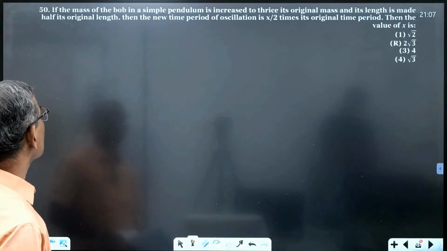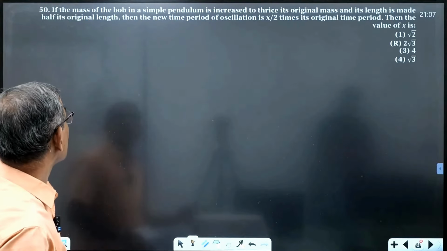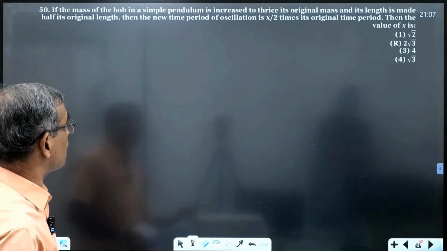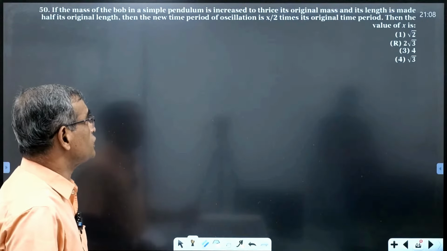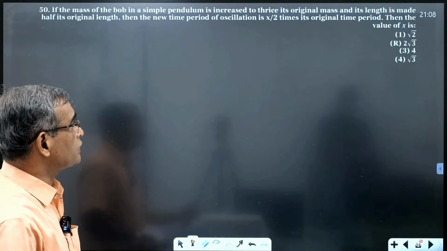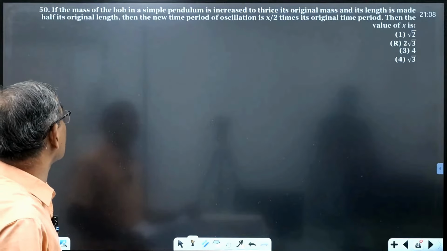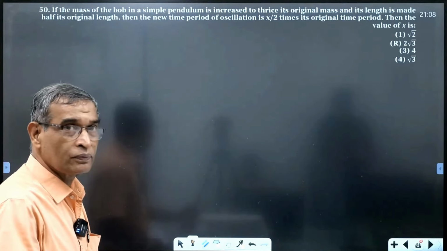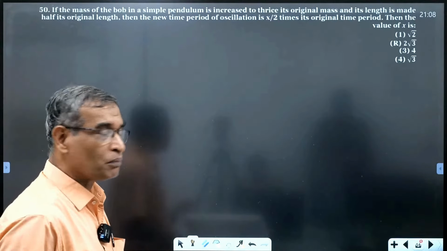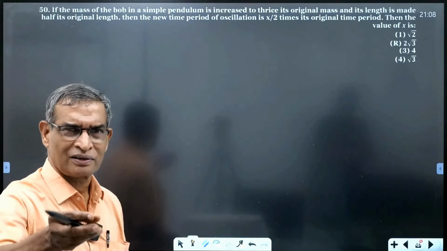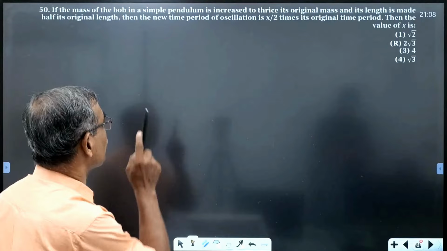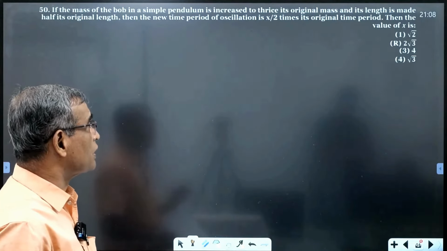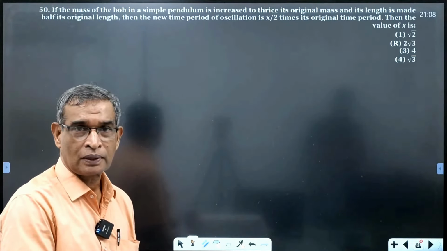If the mass of the bob in a simple pendulum increases thrice its original mass, and its length is made half of its original length, then the new time period of oscillation is x by 2 times the original time period. What is the value of x?